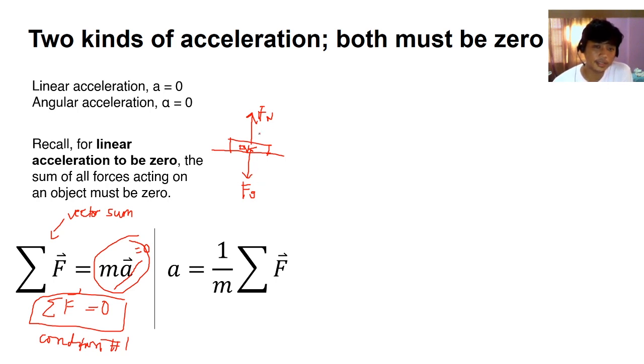So if we assign upward to be positive, your normal force is positive, your gravitational force is negative. So when you add those two, the answer is zero. Here, the sum of all forces is zero, which implies that your acceleration is zero, which implies that this book is in equilibrium. And what type of equilibrium? Static equilibrium.